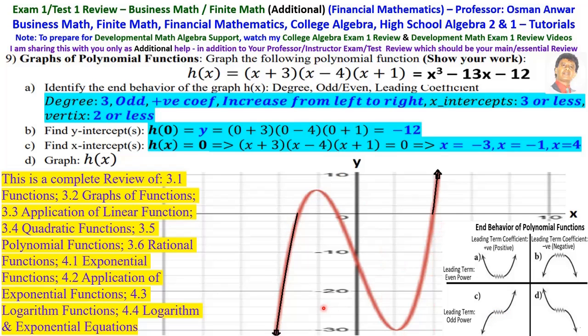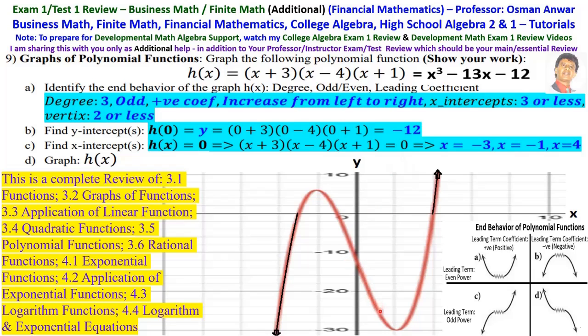Between these two endpoints, to graph this, we know it is going to cross at x equals -3, so cross it, so go up. Then at some point you have to turn down because it has to cross x at -1. So go up, then turn down, then at x equals -1 you cross it, then keep going down. It will cross the y-axis at -12, then keep going down.